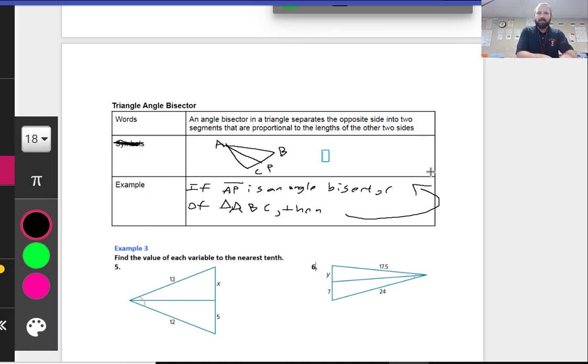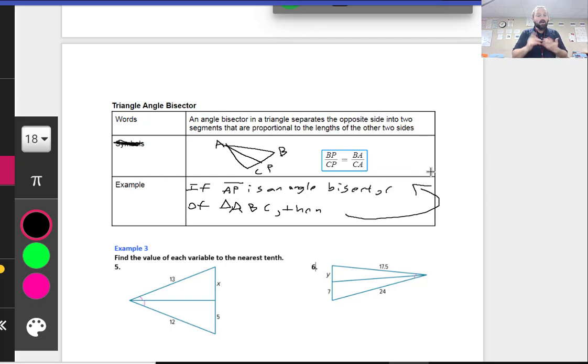Then I'm going to put BP divided by CP is equal to BA divided by CA. Basically, if it is an angle bisector, we can compare the lengths of the other two sides. If you notice this, it's the outsides and then the bottom part right there.